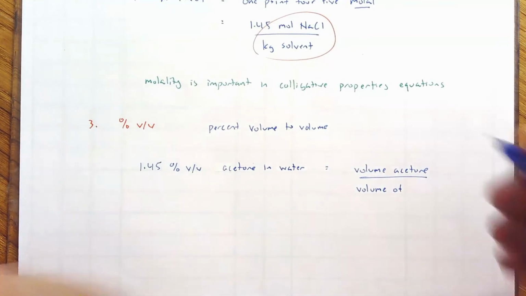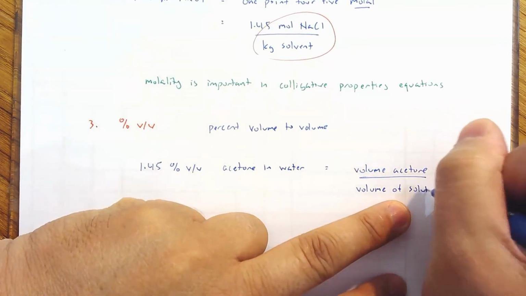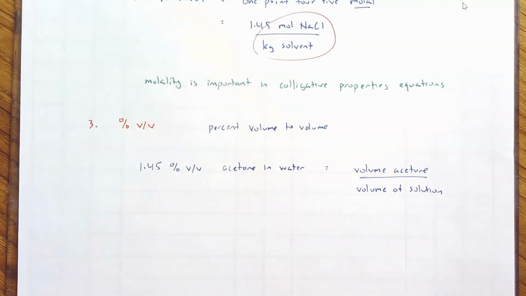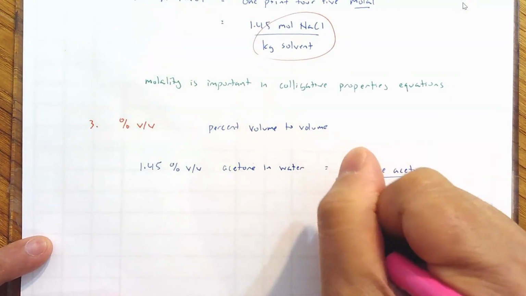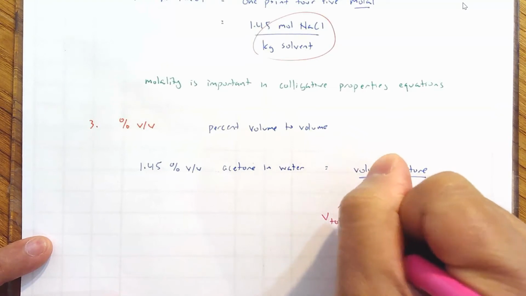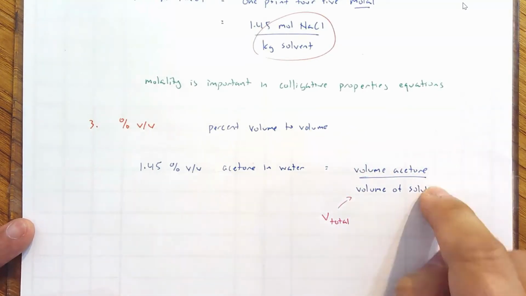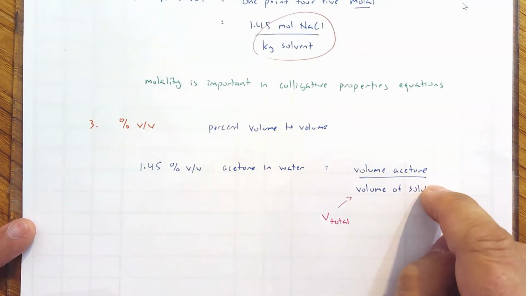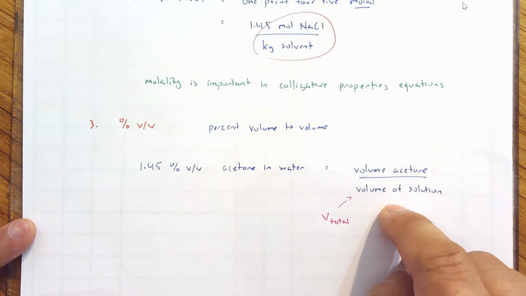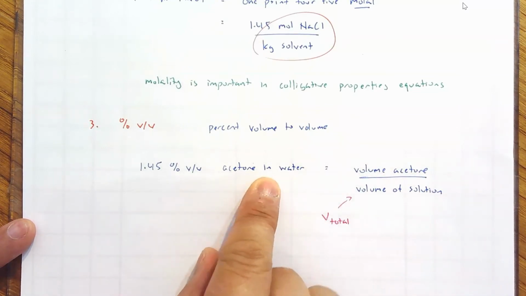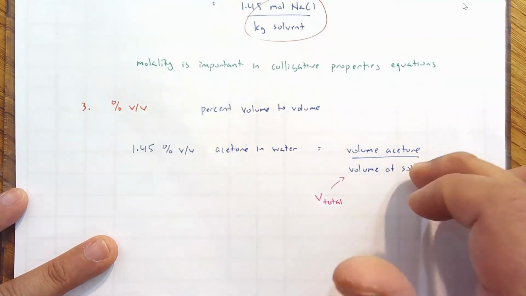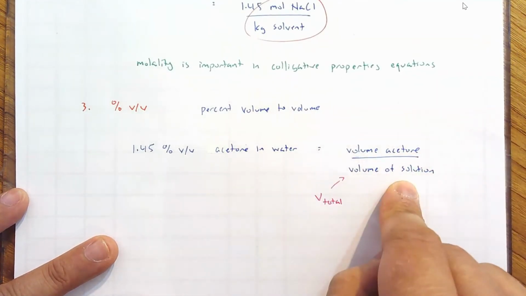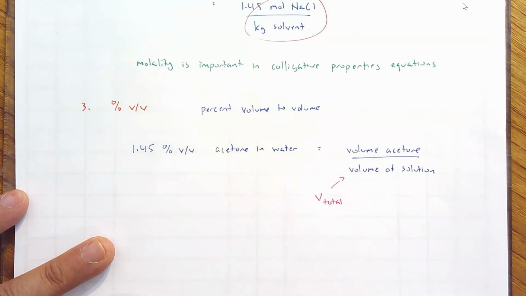Volume of solution. And how am I going to remember that? This is the V total. So if you have 5 milliliters of acetone and 100 milliliters of water here, then you could assume it's 105, the total volume of solution, if they tell you that they are additive.